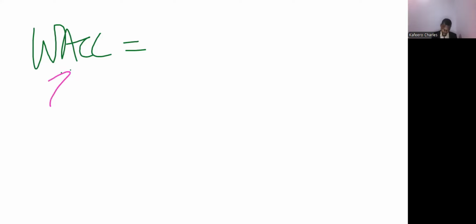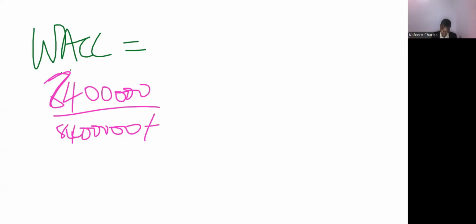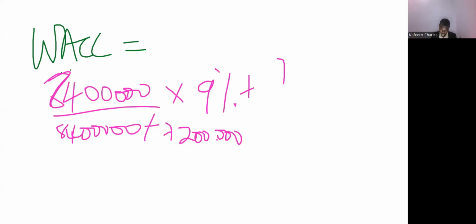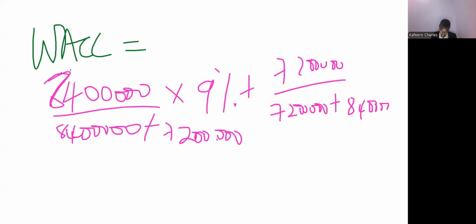So this is 8.4 plus 7.2, times the cost of equity, which we had gotten as 9%, plus the 7.2 over 7.2 plus the 8.4, times this one, for which we have already taken the tax into consideration, which is 8.3.